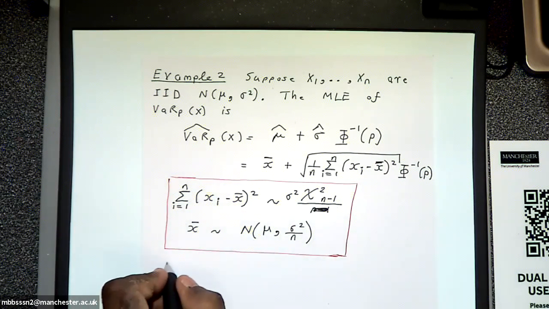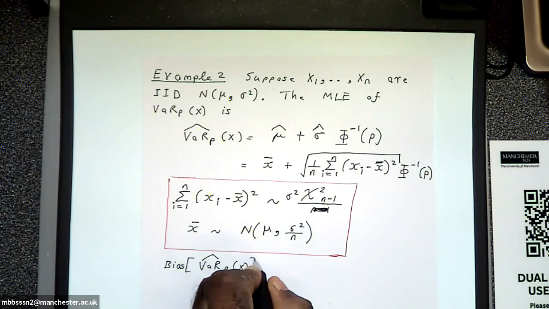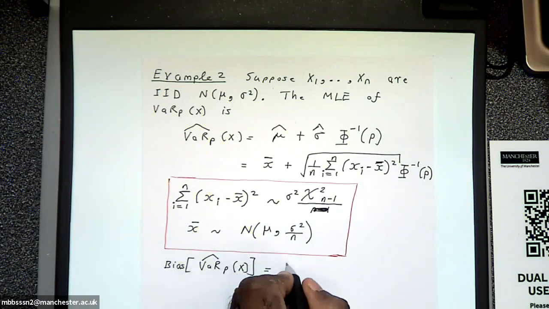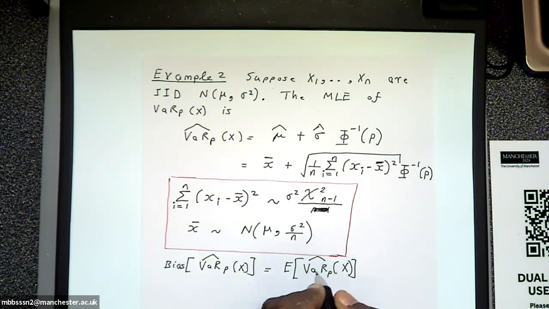So to find the bias of this, which is the expected value of var hat minus var.